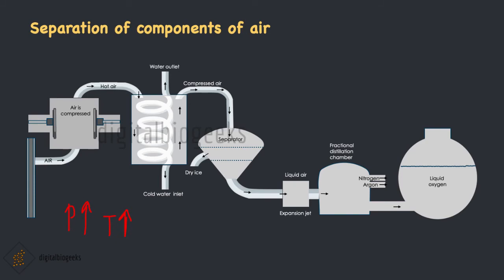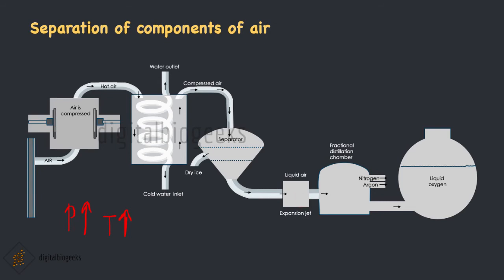At this cooled atmosphere, carbon dioxide solidifies as dry ice and it is separated through this outlet. The air without carbon dioxide is now passed into the expansion jet where the air is expanded again, and due to this the temperature again falls.